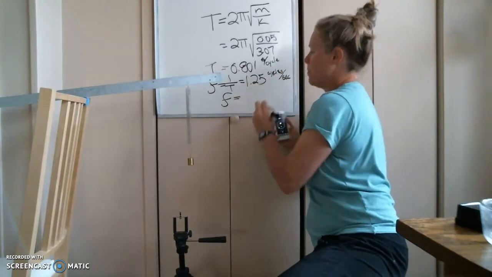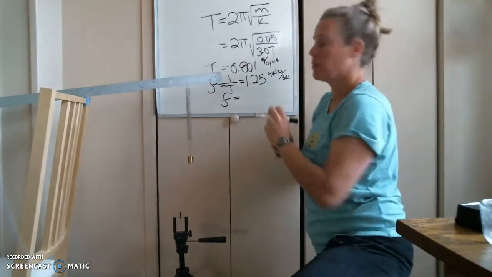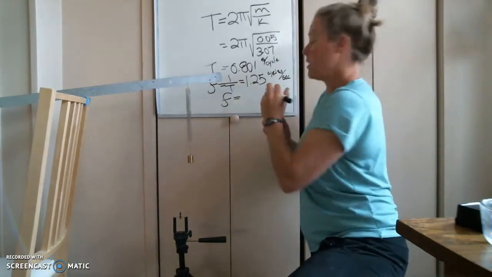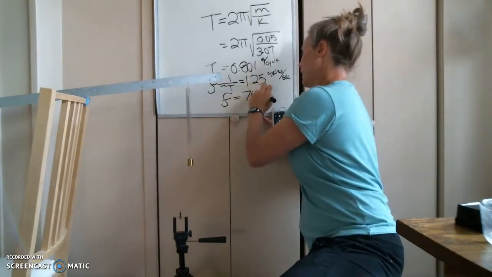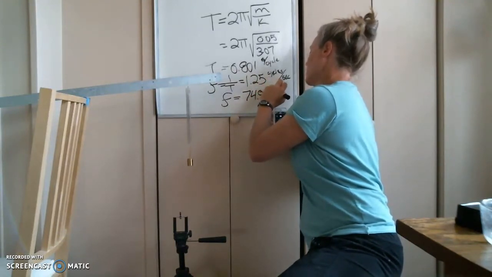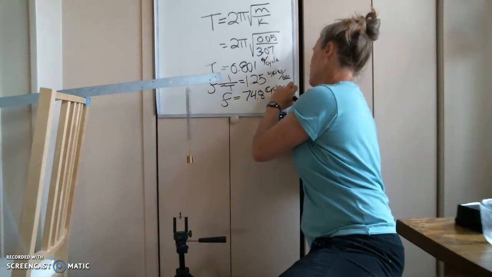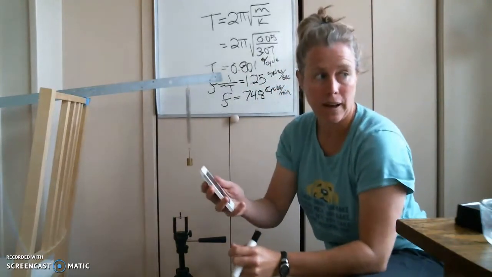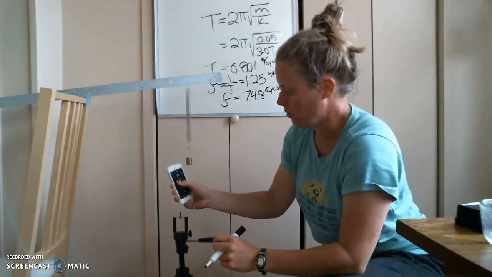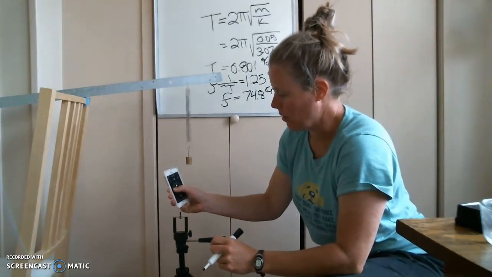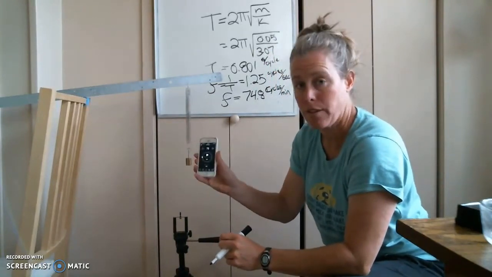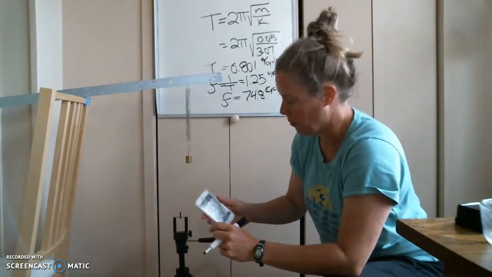I'd have to multiply by 60, and when I multiply by 60, cycles per minute, or beats per minute, that is 74.8 beats, or cycles, per minute. I don't have decimals, so I'll change to 75 beats per minute.